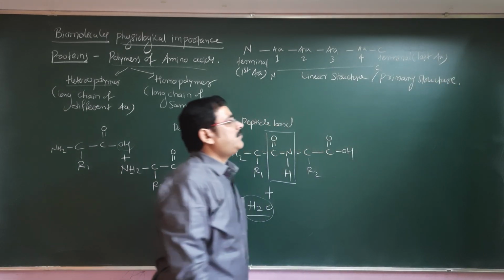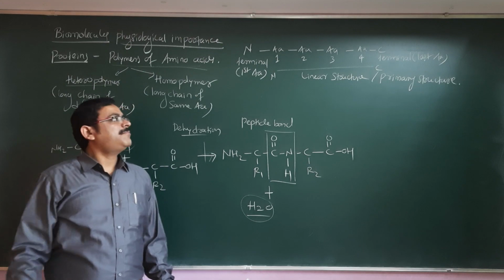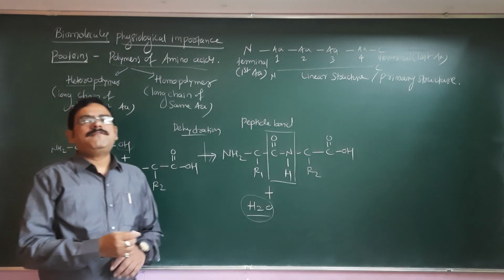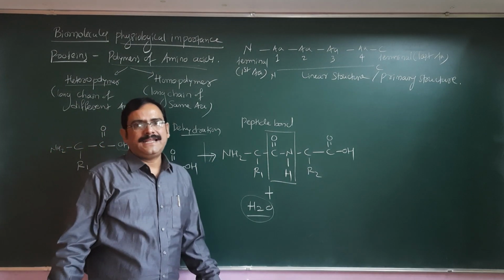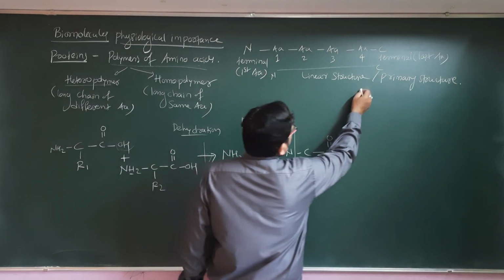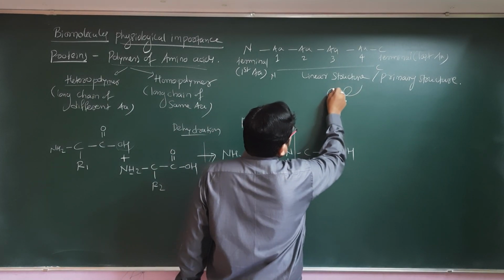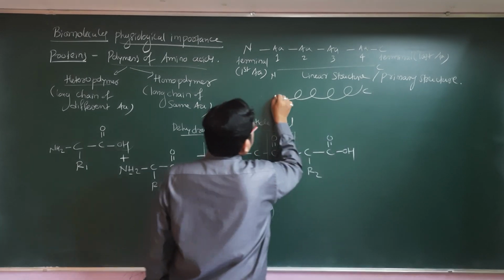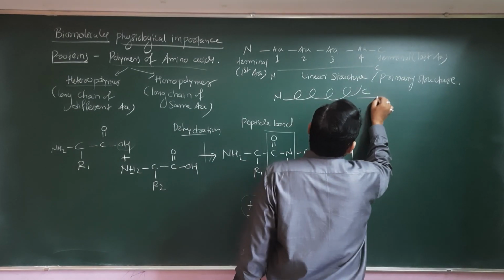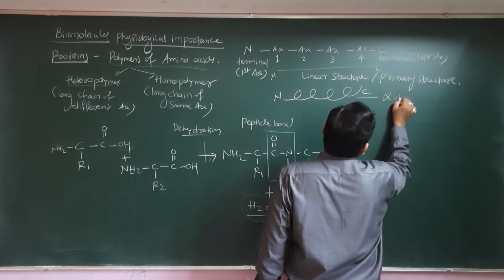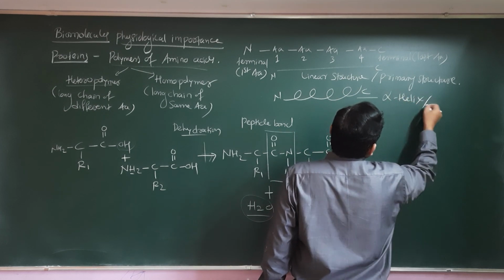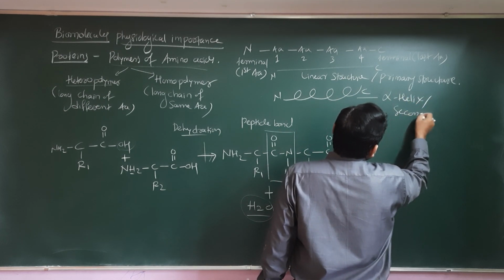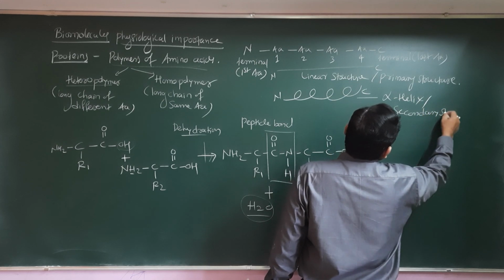It can be another type also. It can form loops or helices, which we call the alpha helix, with its C terminal and N terminal. The alpha helix is also called the secondary structure.